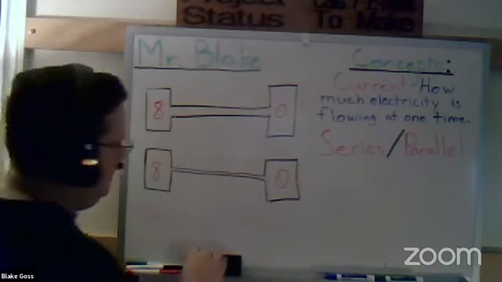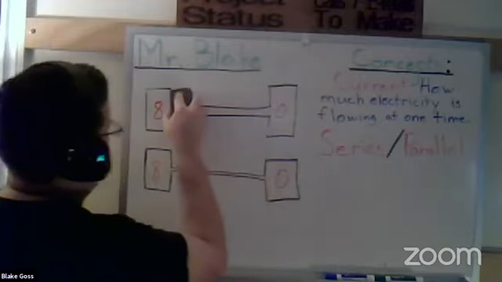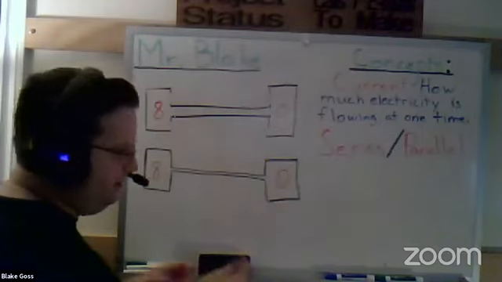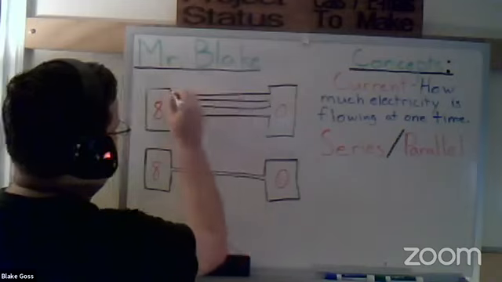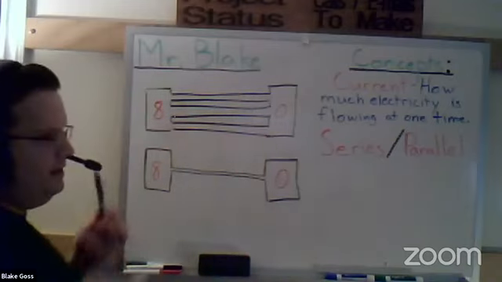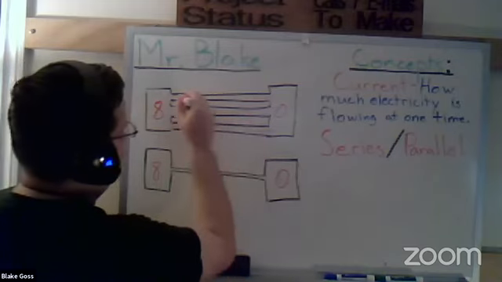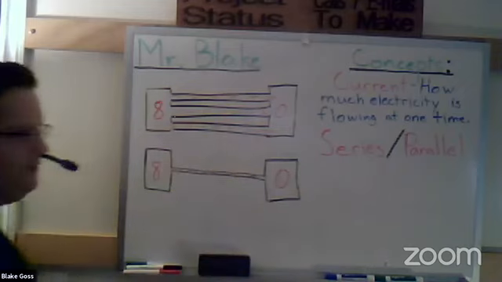So we can even make more pipes, okay? We don't even have to talk about the size of one pipe. We can have multiple pipes, okay? Like this even. And then we got all this flowing through here. Whereas this just has the tiny one, okay?